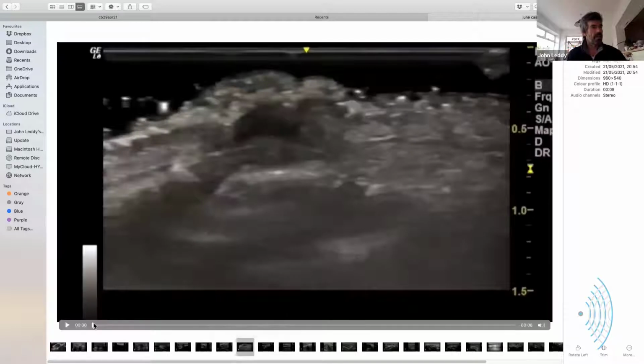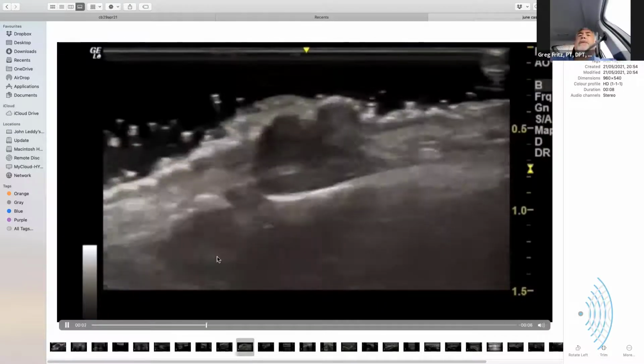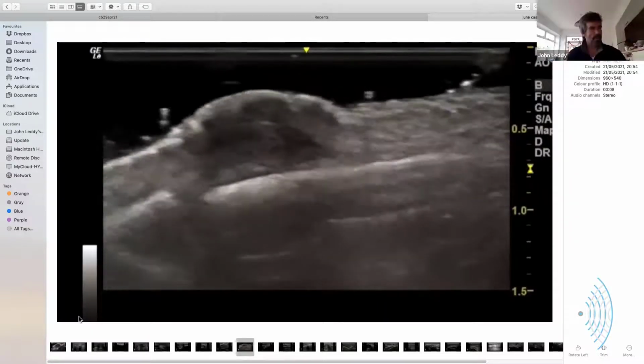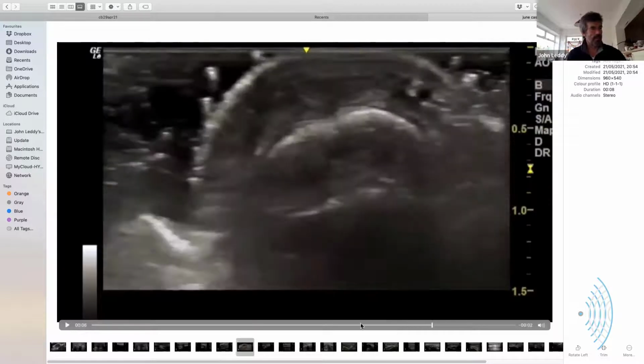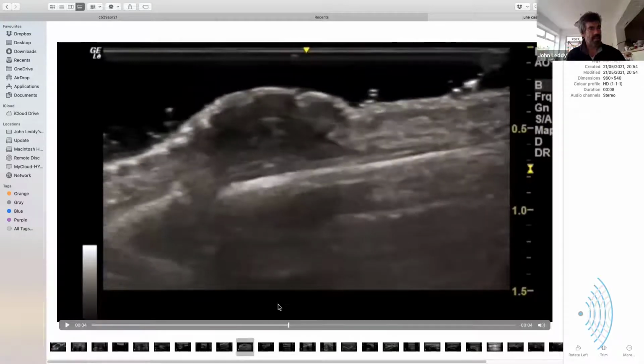Let's have a look. This is a Garrod's pad. You won't enjoy looking at the picture either because there's very little to see. But it's one of those things you'll get asked about, and everyone will think it's a cyst. This is the PIP joint.